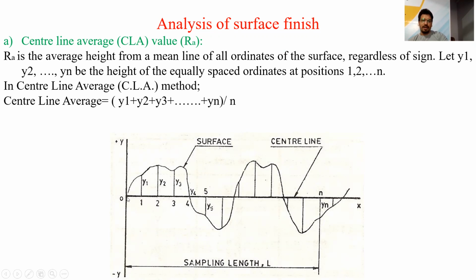Let us consider that after the motion of the stylus on the working surface, we get this graph. We have to select a sample length, the length which is to be tested, as I have already told you. We draw the ordinates on this graph, like y1, y2, y3 up to yn, at equal distance.